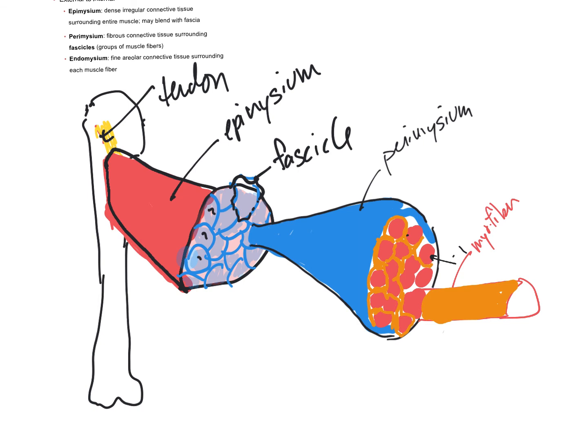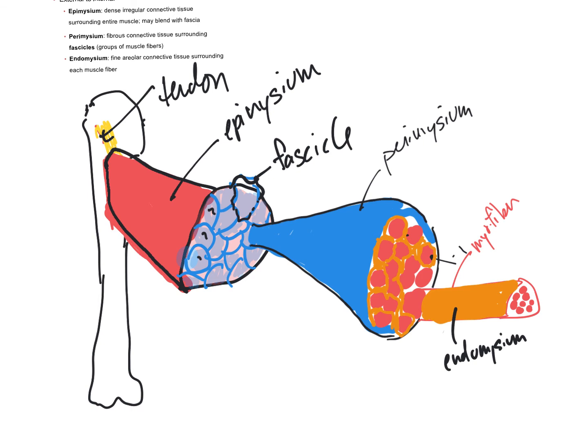Yes, this makes sense? This is called the endomysium. And on the inside of that muscle cell you would have your myofibrils in there. I try to do it stepwise, kind of where things go.